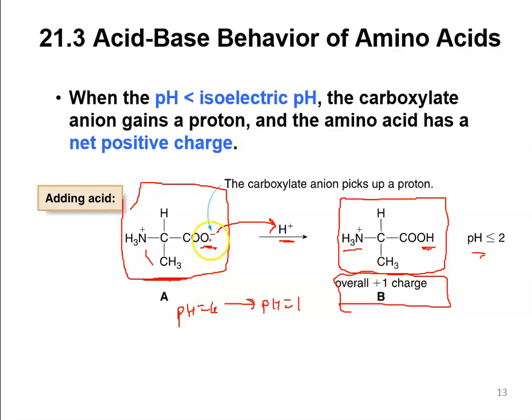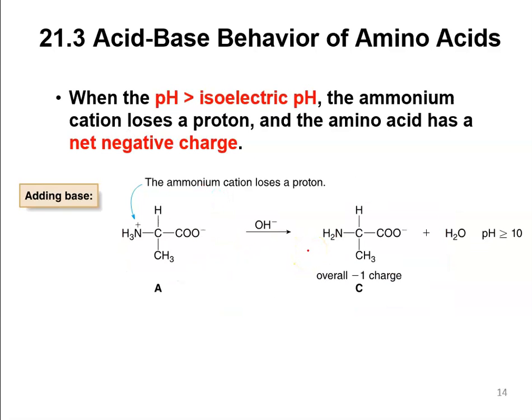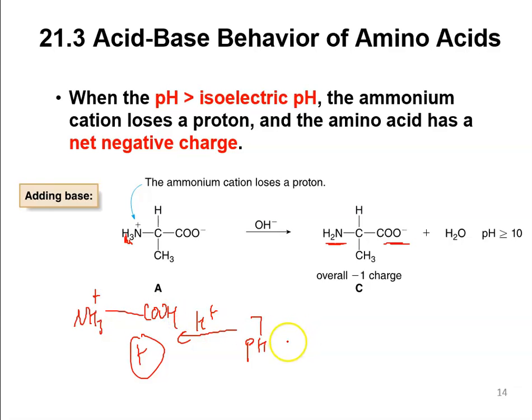By adding more protons, I can protonate this. If I go into a basic environment, the hydroxide starts plucking off these hydrogens and makes this now neutral and makes this into a negative charge. So here, if I'm at a pH of, let's say, 7 at my isoelectric point, if I go more acidic, I now get more of a plus charge on my molecule because I still have the NH3 plus, but I've capped off my carboxylic acid.